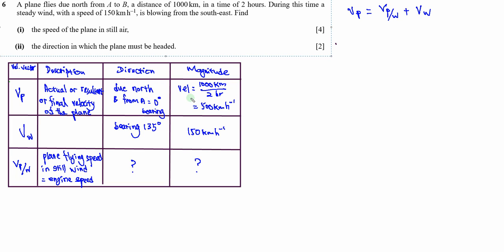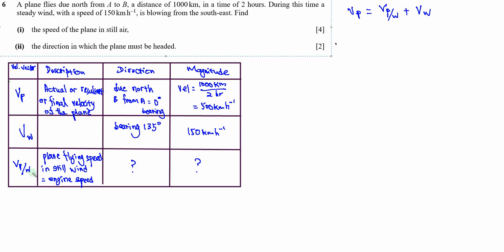Velocity wise, we are given the distance between them is 1000 and covered in 2 hours, so you can work out the velocity. Then the velocity of the wind is given from a bearing of 135, and the magnitude is 150 km/h.